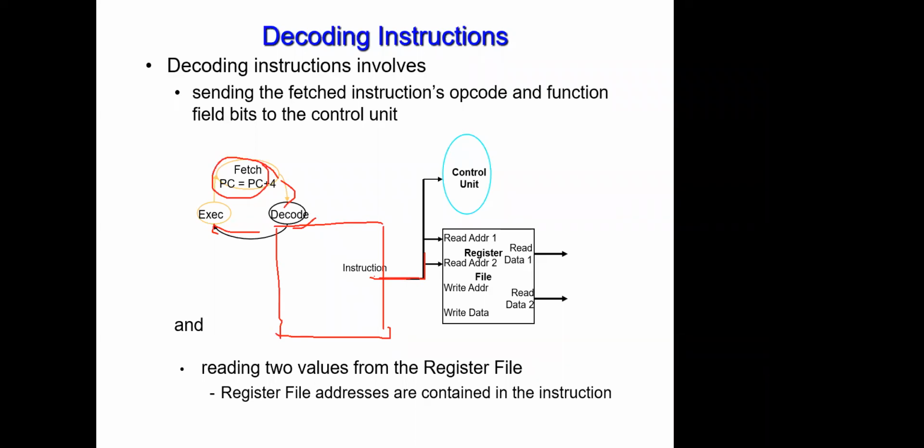So for instance, if this is an R type, I am expecting that this one will show me the first source, and this one will show me the second source. As soon as I am pointing to a certain address here, that particular location will appear at the output.